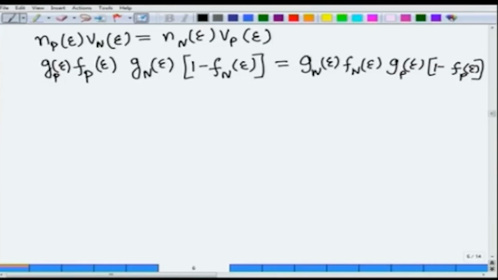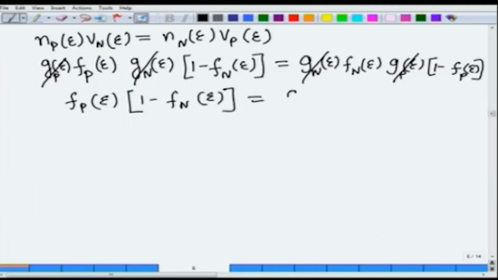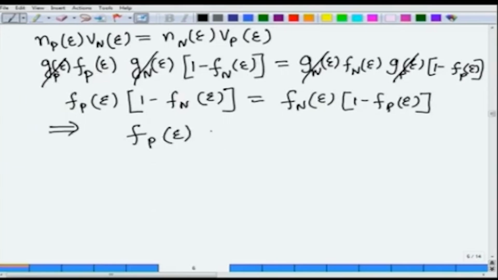If that is the case, now you can see I can cancel terms. So, this implies clearly that the Fermi function on the p side should be equal to the Fermi function on the n side.